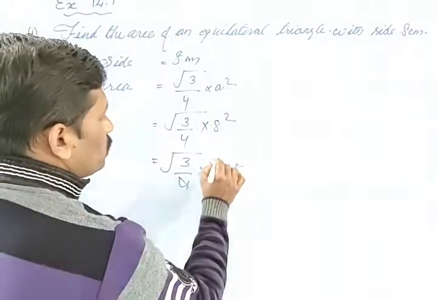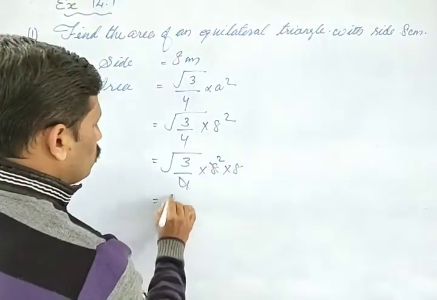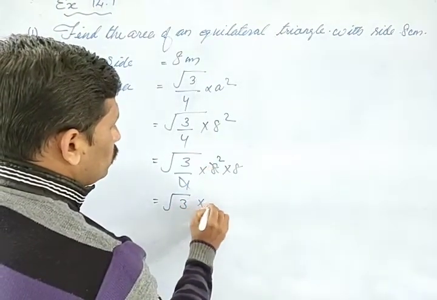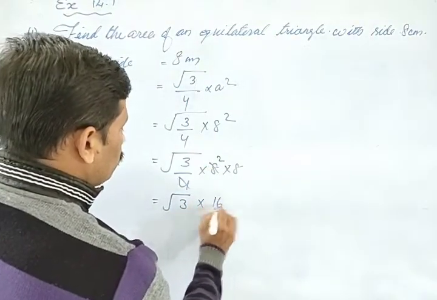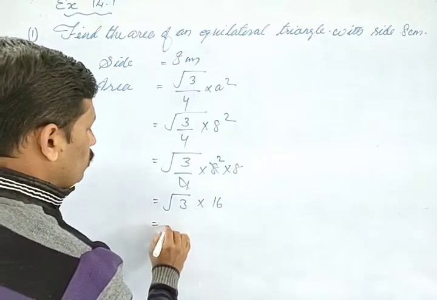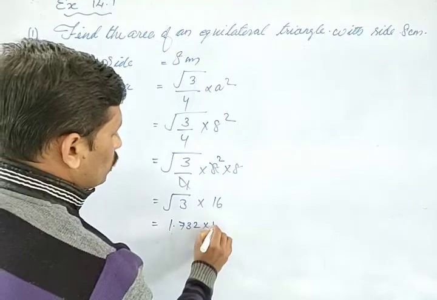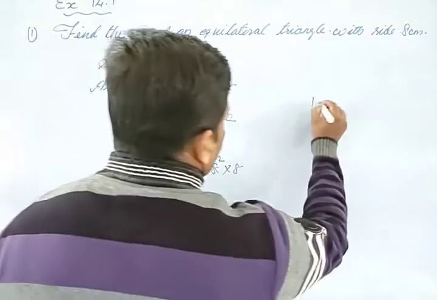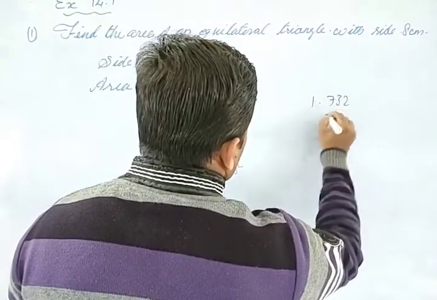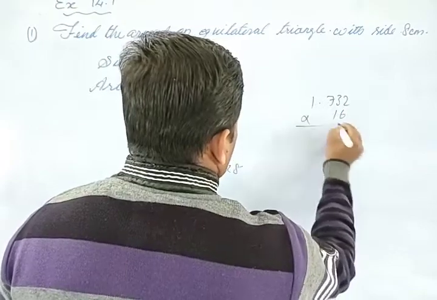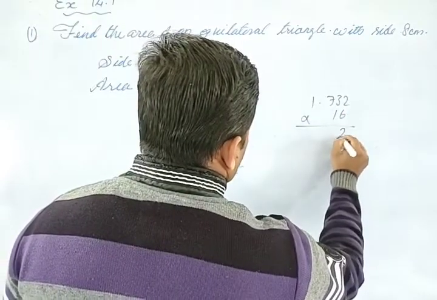4 and 8 we can cut, 2. That means root 3 into 16. Root 3 value, you know that is 1.732 into 16. We multiply 1.732 into 16. 6 2's are 12.